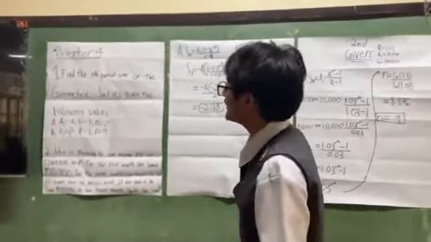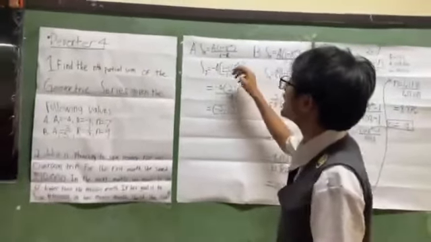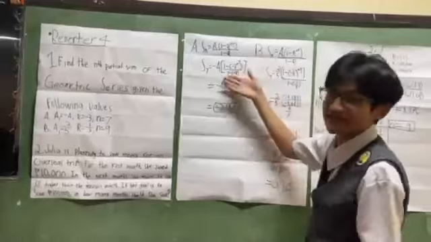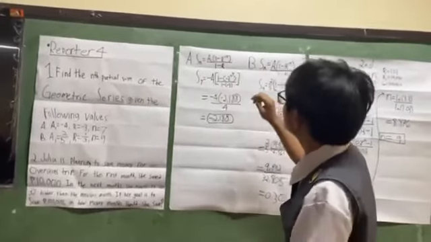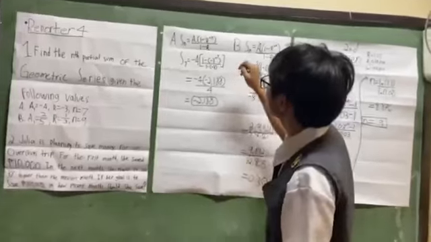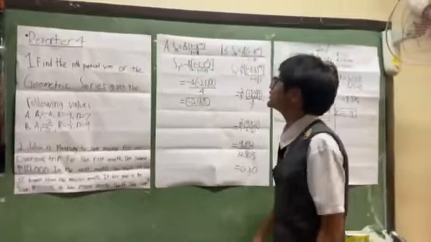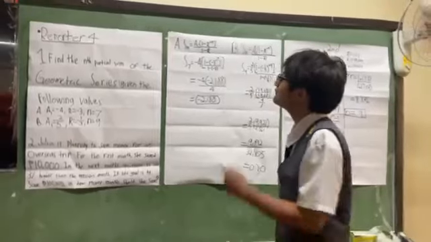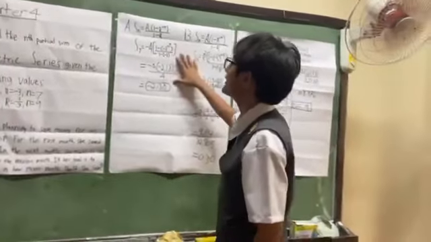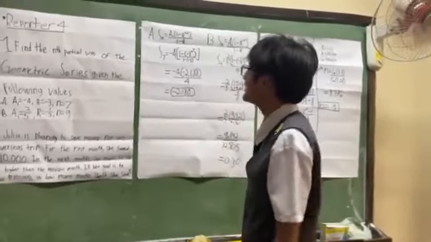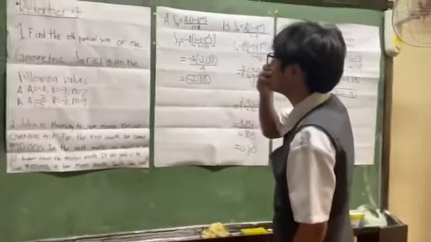Now, taking the given, plug it into the formula and we get this. So, S sub 7 is equal to negative 4 times 1 minus negative 3 to the power of 7, divided by 1 minus negative 3. Now, to get to the next step, we must simplify the terms.